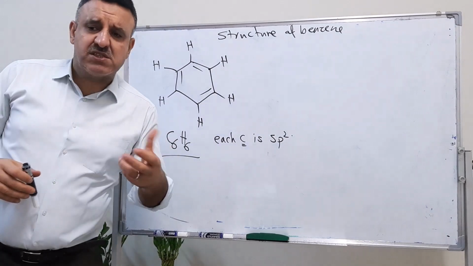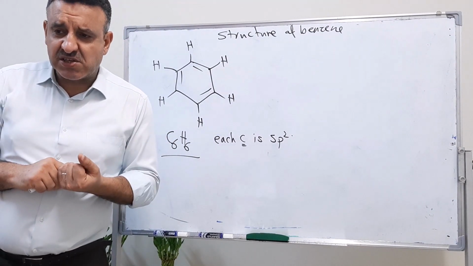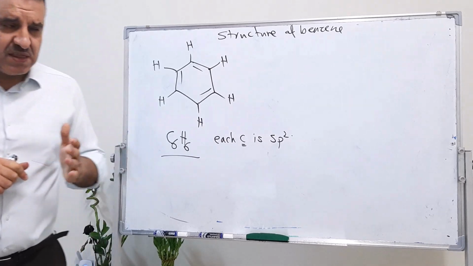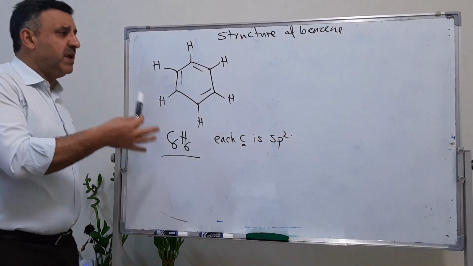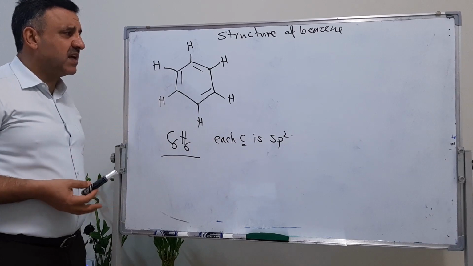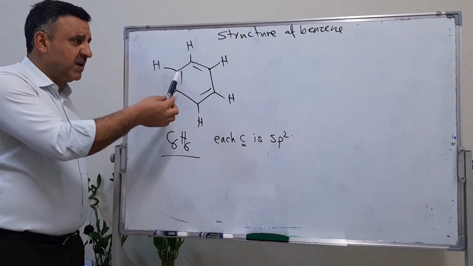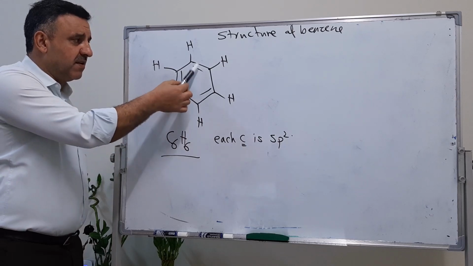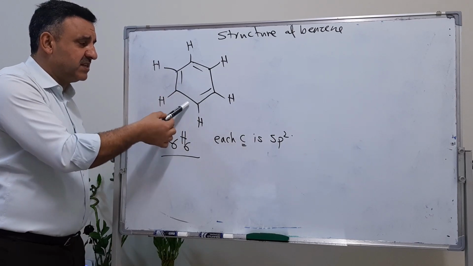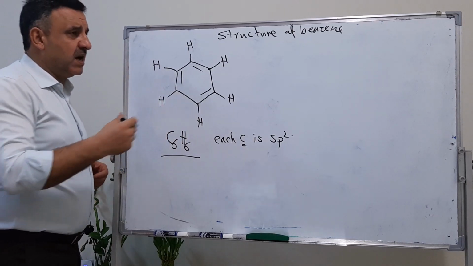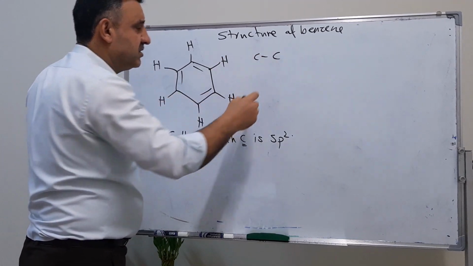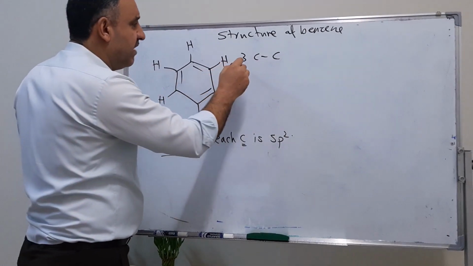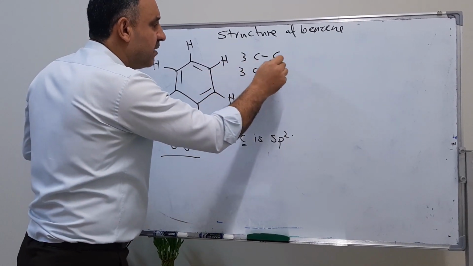There is something special about this structure which we need to consider now and which we need to discuss. The first aspect, if we write this structure, what does that mean? It means that we have alternation of double and single bonds, as you can see. We have double, then single, double and single. Regarding the carbon-carbon bonds, we have 3 carbon-carbon single bonds, and we have 3 carbon-carbon double bonds.